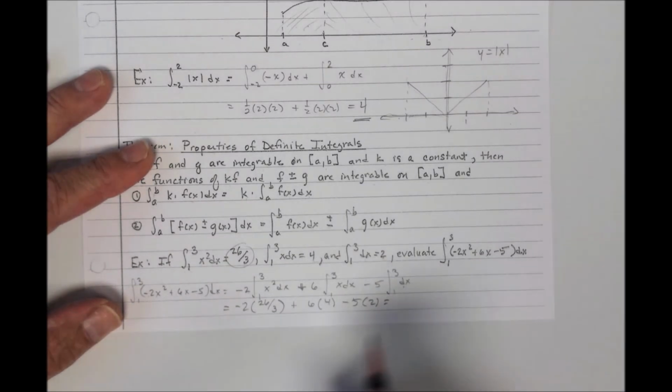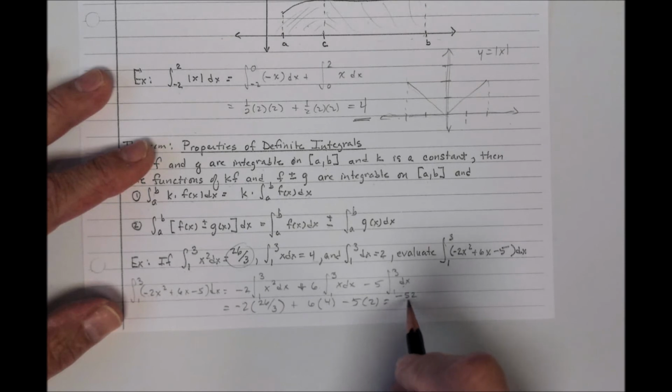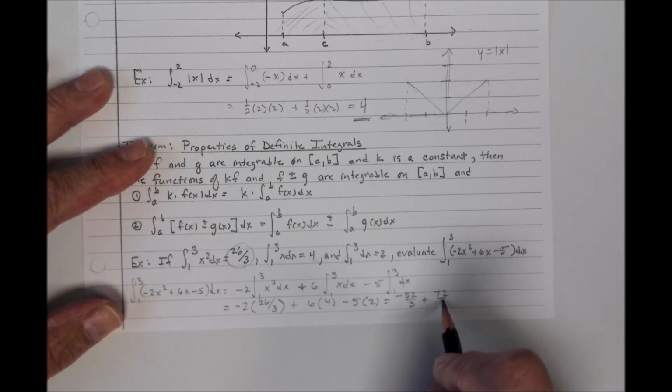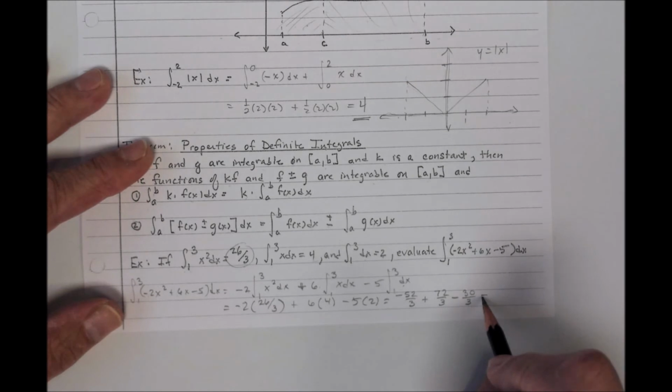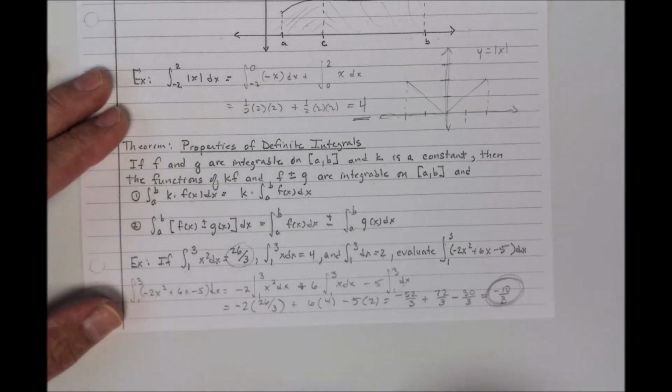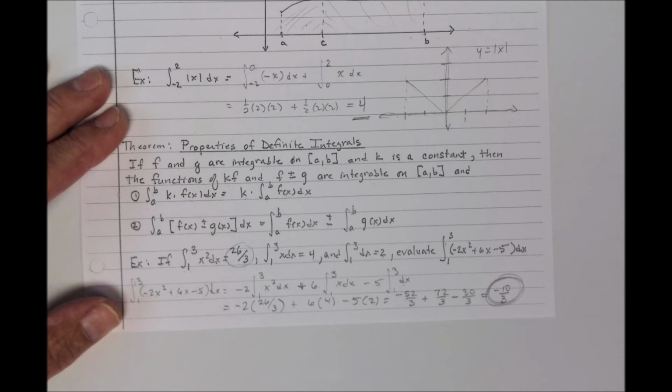So this is negative 52 thirds plus 24, which is 72 thirds, minus 10, which is minus 30 thirds. So that's negative 10 over 3. And that's what that definite integral is equal to.